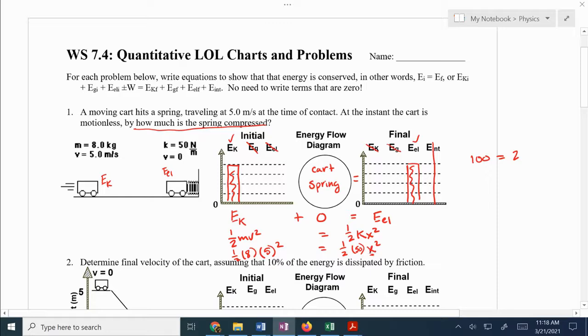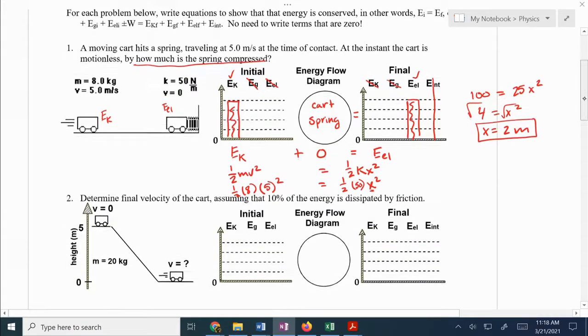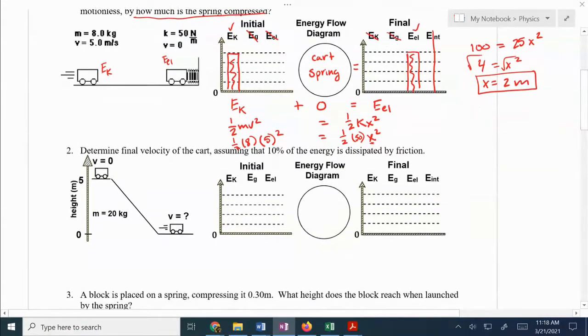There we go. 1/2 times 50 is 25, so 100 is equal to 25x squared. Divide by 25, that's going to give you 4 is equal to x squared, and square root both sides. x is equal to 2 meters. So there's the first one done.